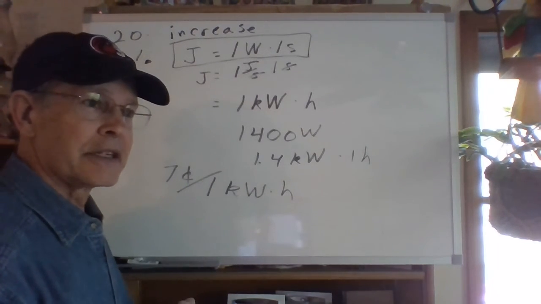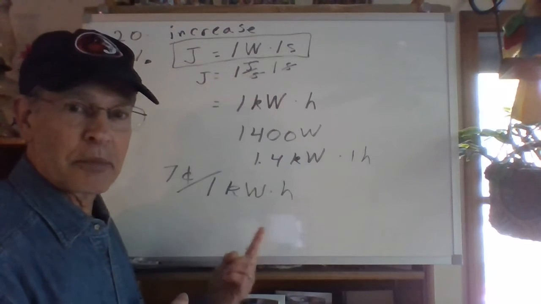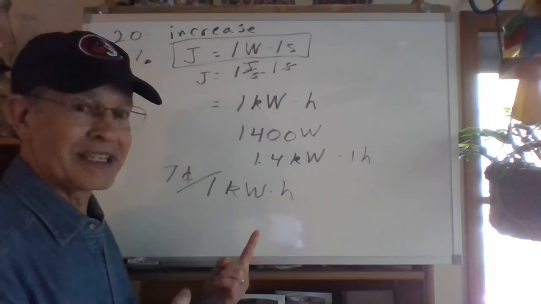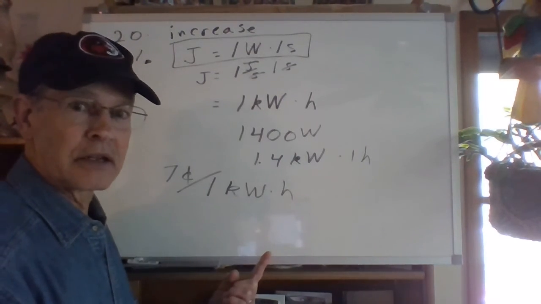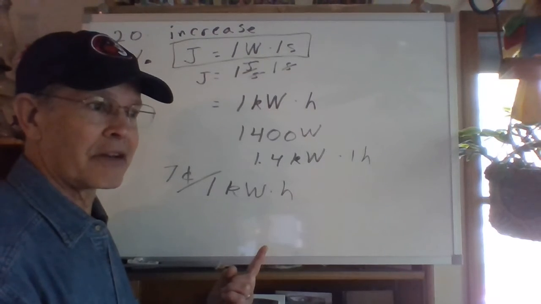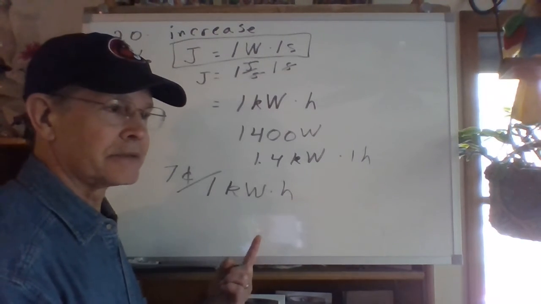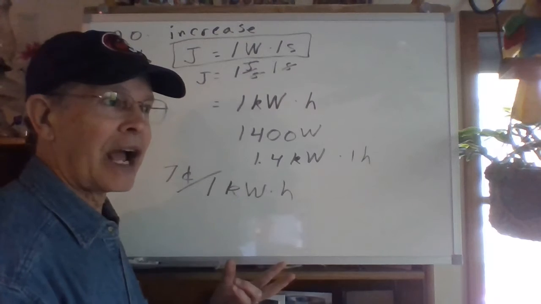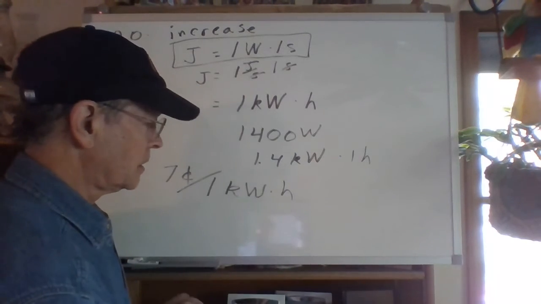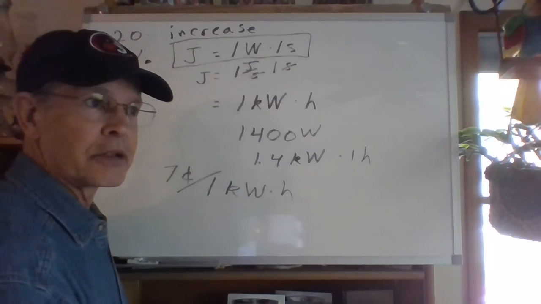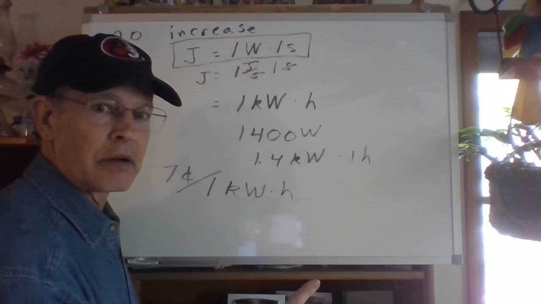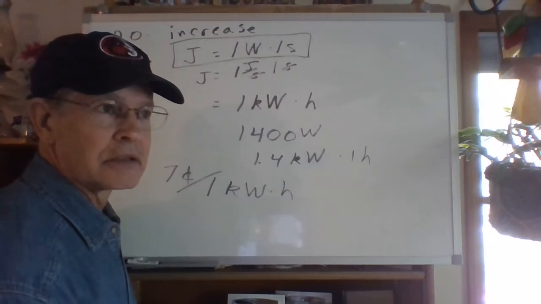But if you've got a 100-watt light bulb, that would be 1/10 of a kilowatt, and you operated that for 10 hours, that would be 1 kilowatt hour. It would only cost 7 cents.